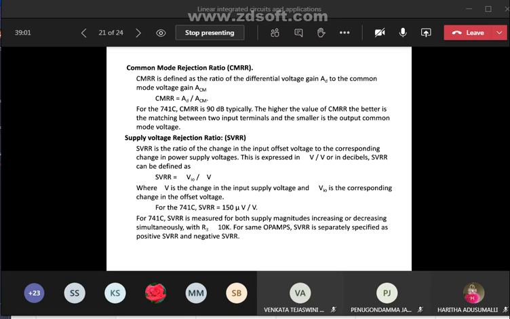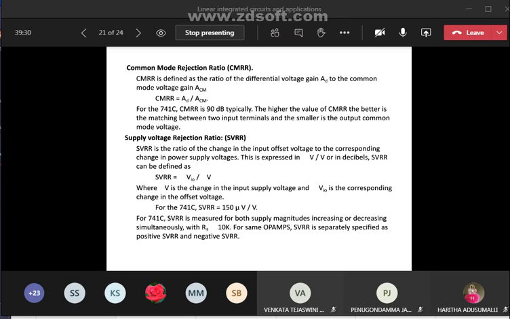The higher the value of CMRR, the better is the matching between the two input terminals, so the common mode voltage is low. How effectively we can eliminate the noise is decided by the CMRR.